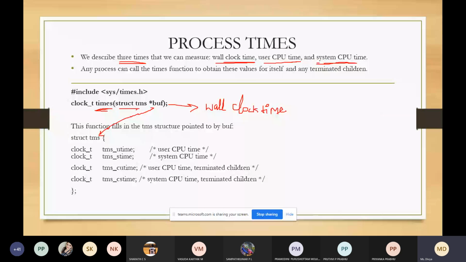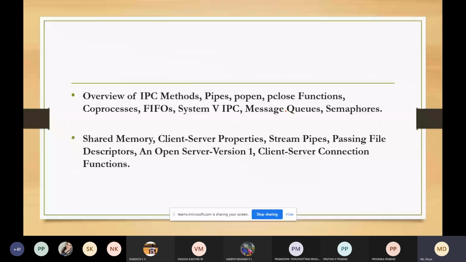So this completes one chapter from the fourth module. Moving on to the next chapter. In the first chapter, what all have we discussed? We discussed changing user IDs, what an interpreter file is, what a system function is, and today we discussed process accounting.